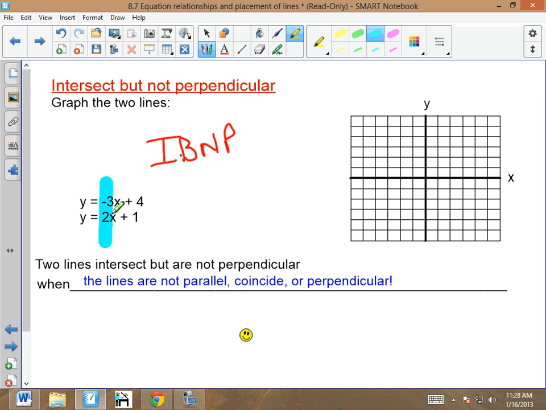No. They're opposite, but this is 3, not 1/3. So they're not the same, and they're not flipped and opposite. That means IBNP: intersect but not perpendicular. Okay, guys. That's it. That's the lesson.